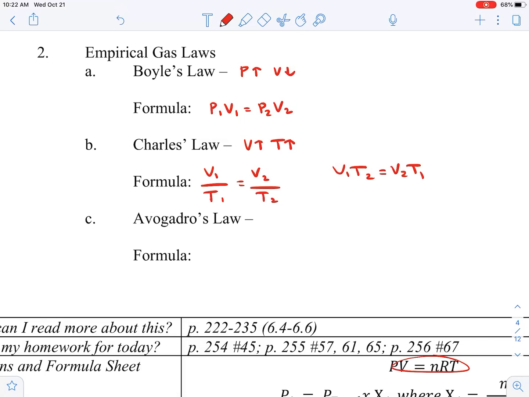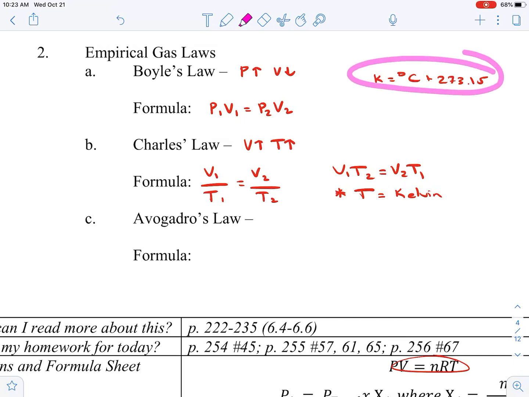The key here, this is a star, our temps have to be in Kelvin. We have to convert our temperatures to Kelvin. And to do that, remember Kelvin equals degrees C plus 273.15.